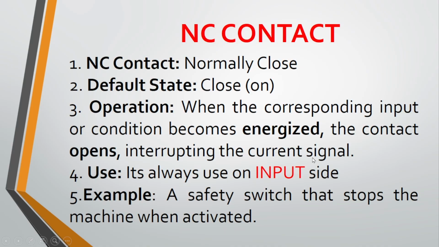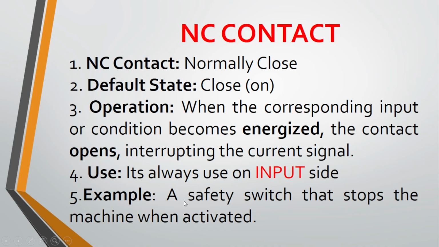When we apply pressure or press the switch, it opens the contact and the current flow is stopped. NC contact is also always used on the input side, like NO contact.